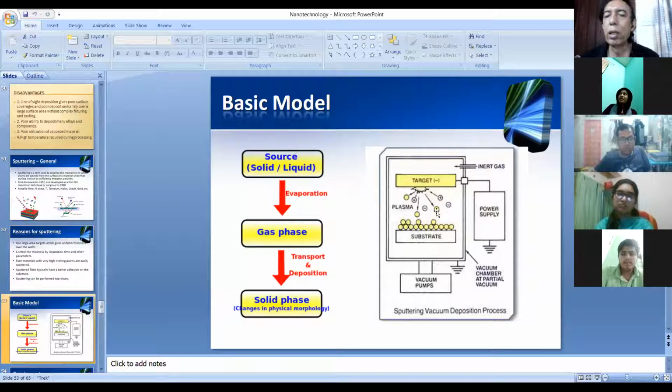These are not attached; they are free. So it evaporates not by giving heat, but by giving energy through sputtering, and it is again condensed here. So the basic model is the same: you have a source, you evaporate it to the gas phase, then the gas condenses here.